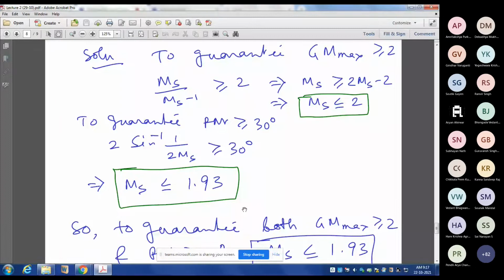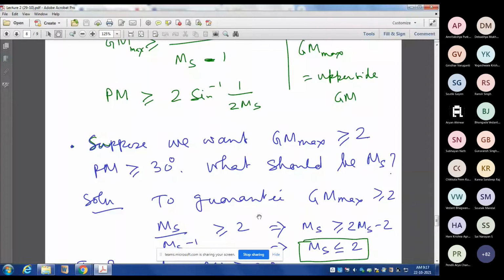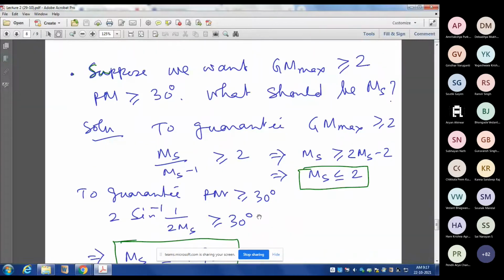This is the relation among the upper side gain margin, phase margin, and the sensitivity norm. MS is nothing but the peak value of the sensitivity function, the frequency response of the sensitivity. So MS is a good indicator. If you can keep MS small, then you can also attain a desired range of gain margin and phase margin.